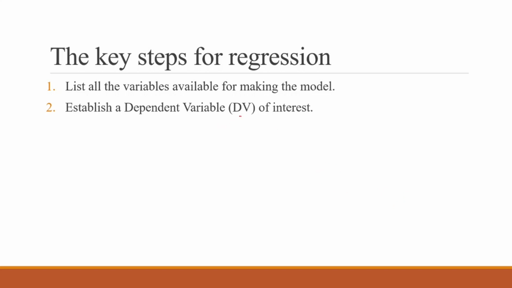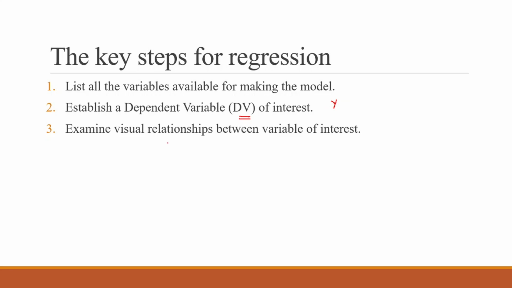So identify the dependent variable, which is normally represented as y, and examine the visual relationship between the independent variables and the dependent variable, if possible. It is not necessary that you examine the visual relationship, because in multilinear regression it is a little difficult to draw the graph.